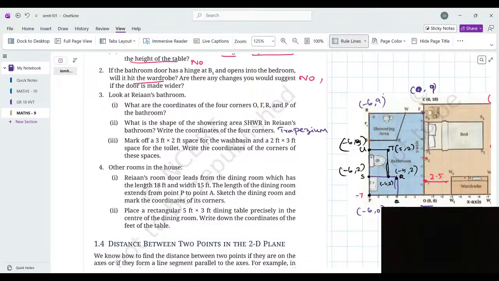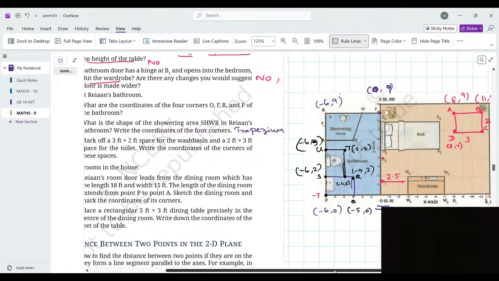Other rooms in the house. Raymond's room door leads from the dining room, which has a length of 18 feet and width 15 feet.